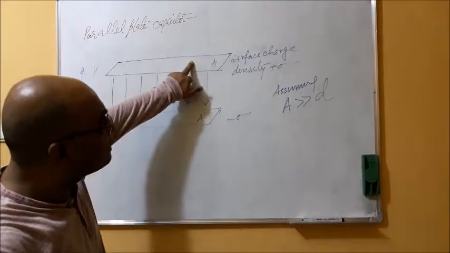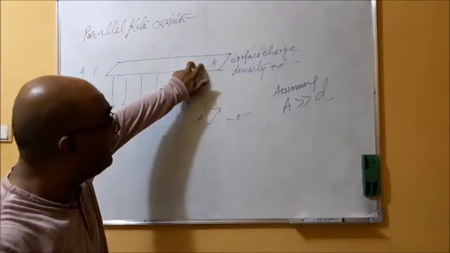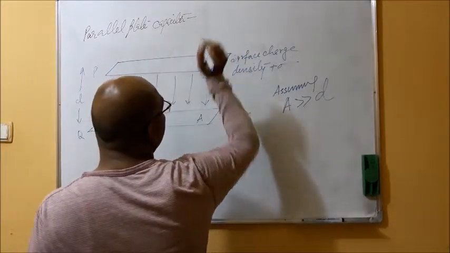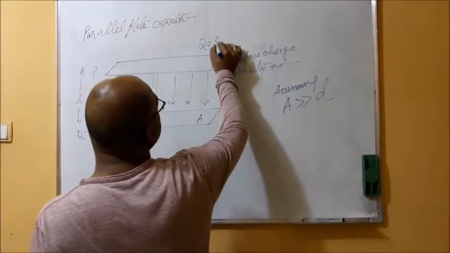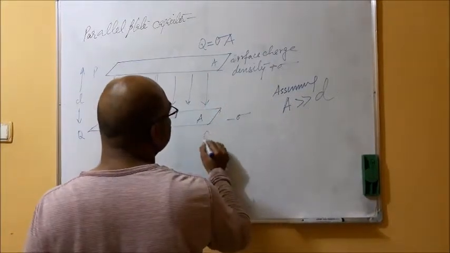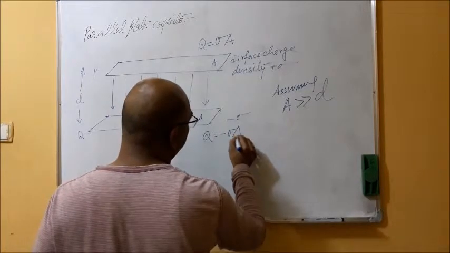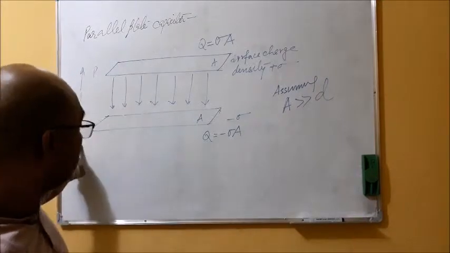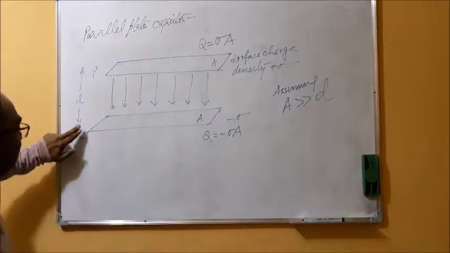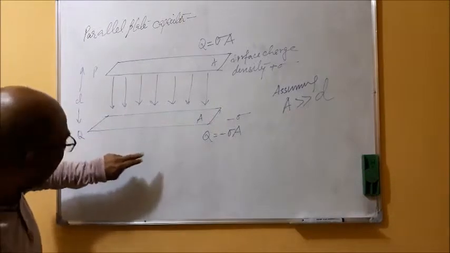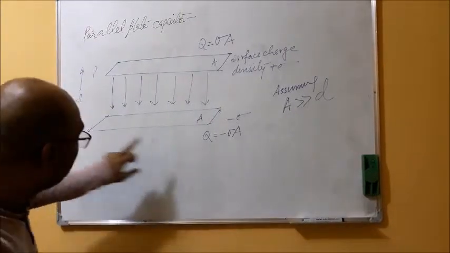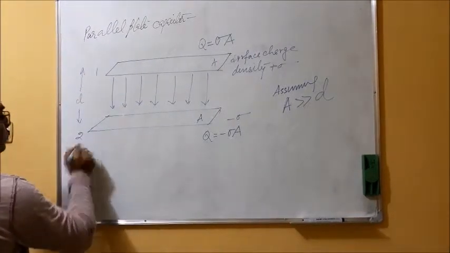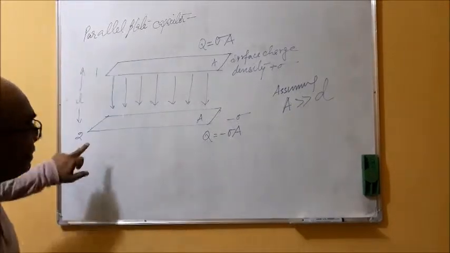If the area of this plate is A, the charge on this will be given by sigma times A, and here the charge is minus sigma A. Again, if you are confused by two Qs, you can call them surface 1 and surface 2.